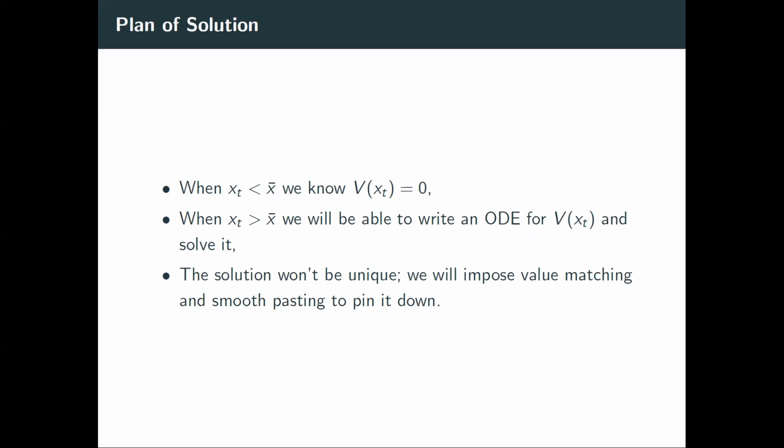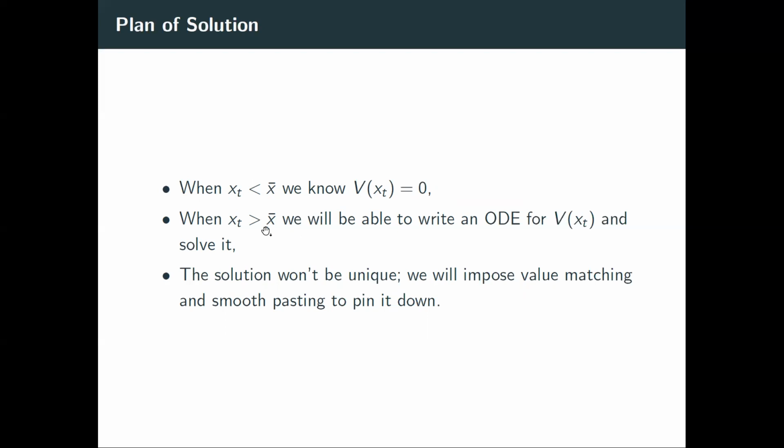And as before, the solution to it won't be unique. It will have some degrees of freedom. And remember that we also do not know this x bar. And eventually, after some additional considerations, as before, we will have two unknowns, 1 degree of freedom from the differential equation and this x bar.